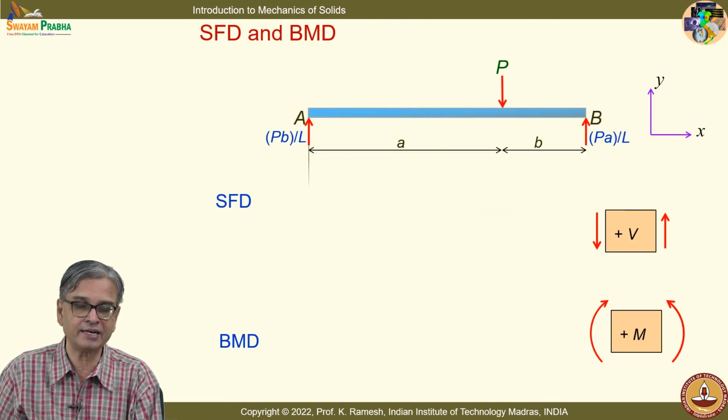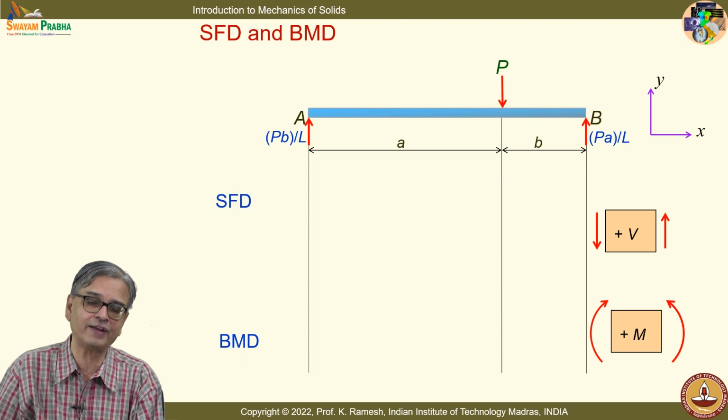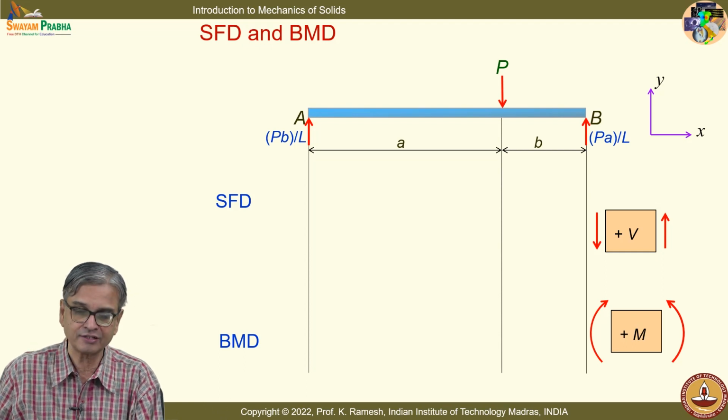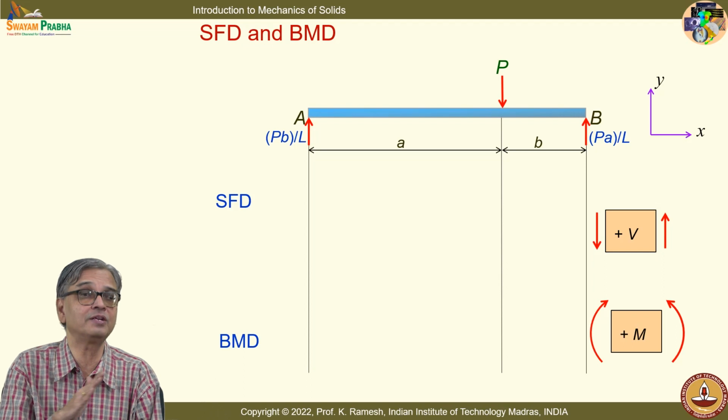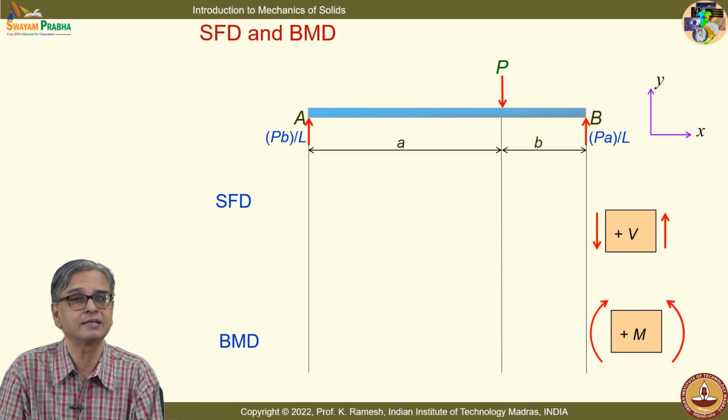And you have also done SFD and BMD, and those who have looked at my engineering mechanics course, in fact I discuss at length what the possible sign conventions are. One sign convention is followed for the purpose of the class.